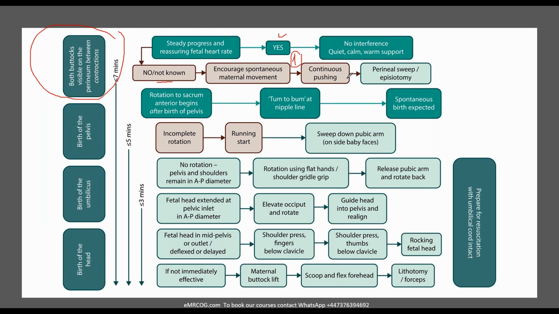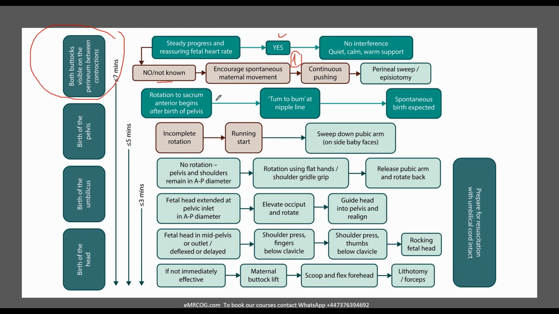Then advise continuous pushing from the mother, because they believe the power from above is much safer than pulling from below. And then for the delivery, perineal sweep and/or episiotomy. If the rotation happens, we have passed this stage, and the rotation to sacrum anterior, which is normal physiology, happens when the nipple line of the baby appears.